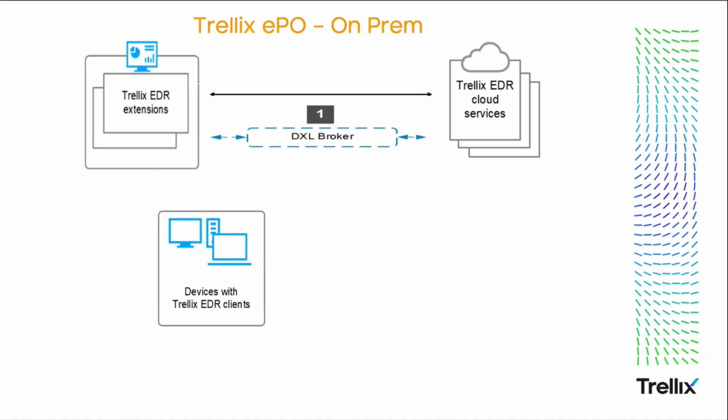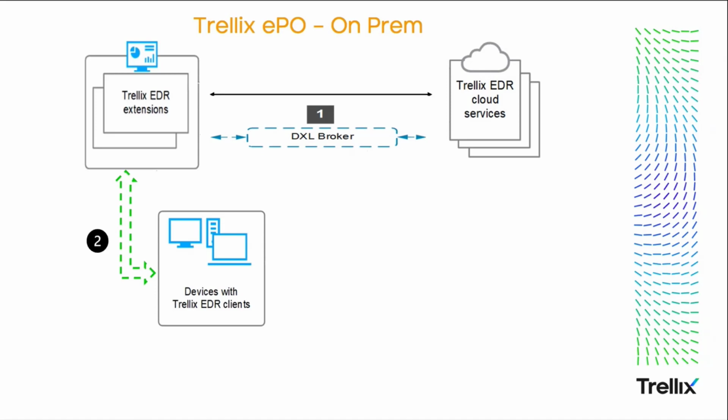Now, second in the list is Trellix EDR on the endpoint systems, the Mac and the Linux. On these systems, we install Trellix EDR client packages. The extension which is checked in on the on-prem EPO and the EDR level policies further communicate to Trellix endpoint systems via the DXL channel.